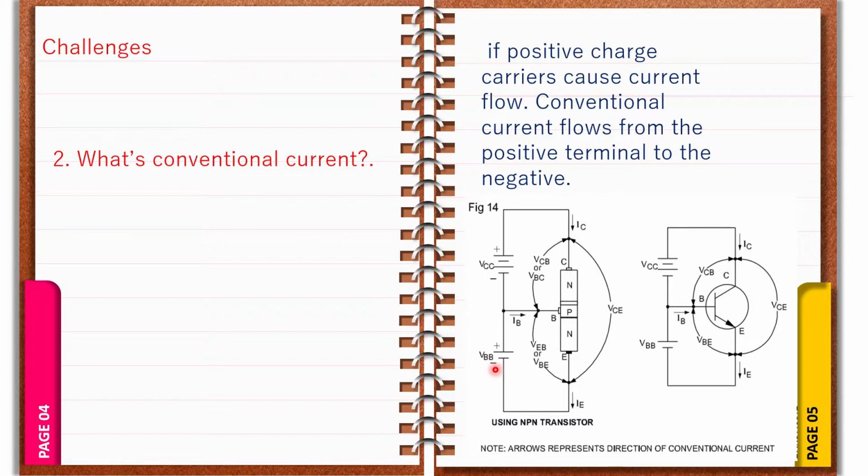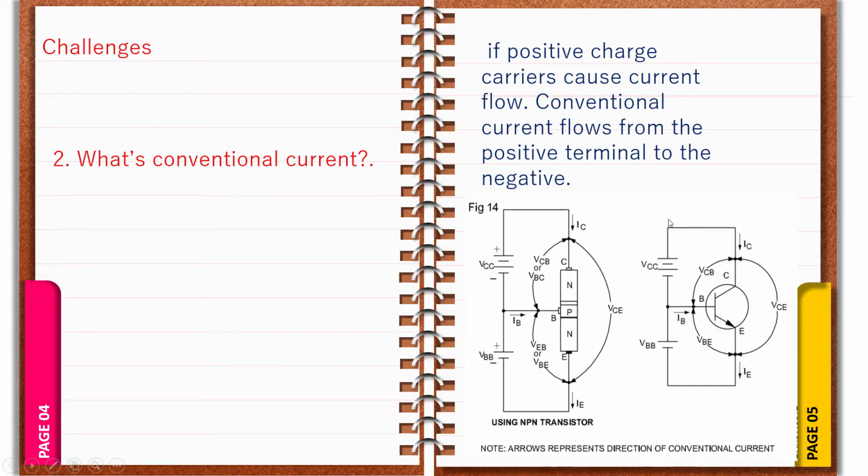This is plus, this is exit and this is entering. Flow from plus to minus terminal is called conventional current. Friends, this is very, very important. What is conventional current? If positive charge carriers cause current flow, then we say that it is a conventional current. This is clear.